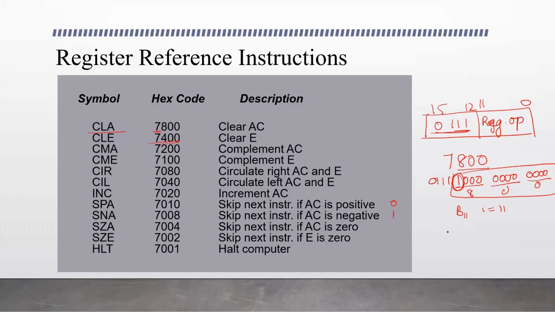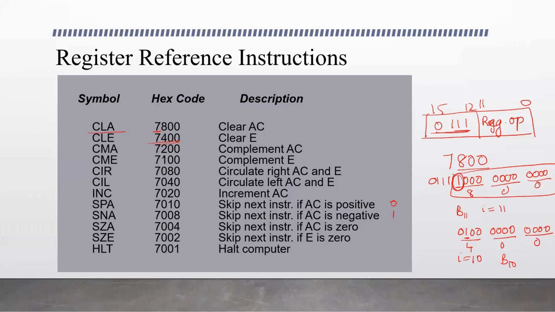If you convert to binary, 4 is 0100, and then 0, this is 0, and this is 0. Correct? So here the second bit is 1. So for the second operation, i will become 10, the 10th bit: 0, 1, 2, 3, 4, 5, 6, 7, 8, 9, 10. So it is B10 for the second operation.